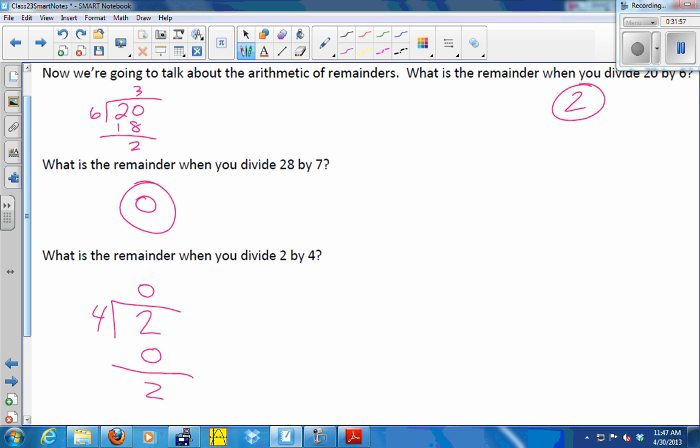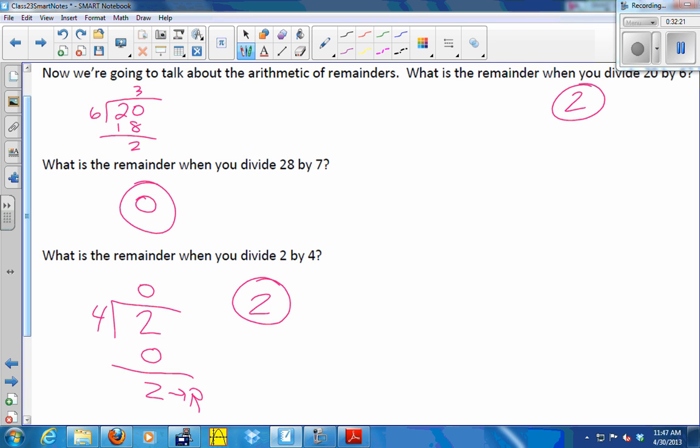Remainder is 2. So when I'm dividing a number by a number that's bigger than it, the remainder is the dividend itself. And if you ever forget that, just carry out the long division. So that one's a little bit important and it's tricky.